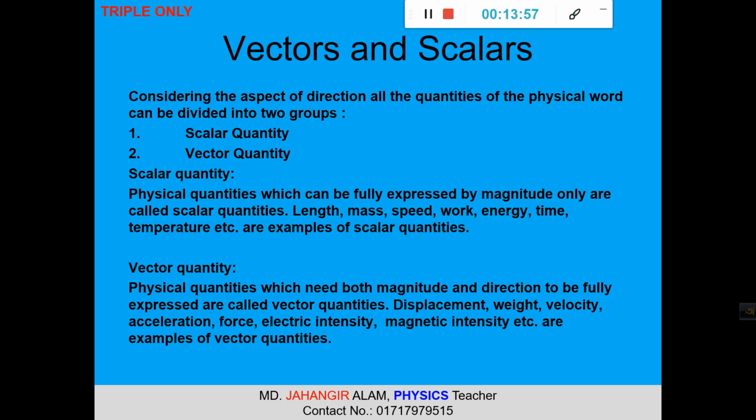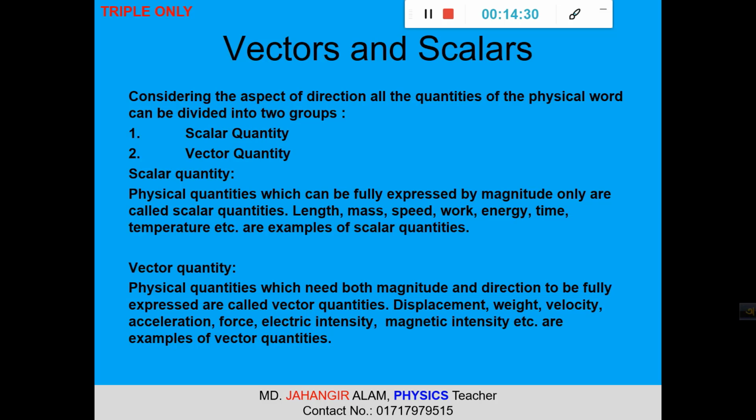Now, vectors and scalars. Considering the aspect of direction, all quantities of the physical world can be divided into two groups. One is scalar quantity, another is vector quantity. First, what is scalar quantity? The physical quantities which can be fully expressed by magnitude only are called scalar quantities. What is the term magnitude? Magnitude means a value or number.